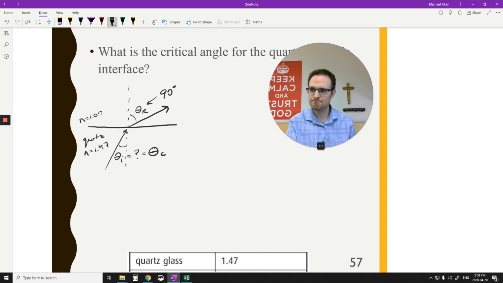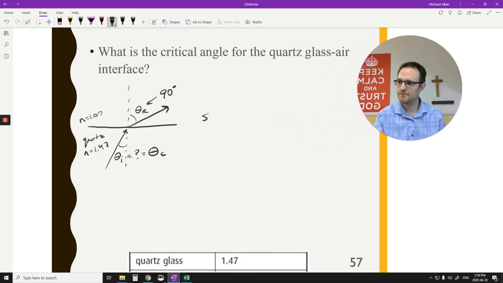So I'm going to go, let's move my head out of the way here. Sine, and we're going to label the two sides here. It doesn't matter which one you label which. Let's just call the bottom 2 like we usually do, and the top 1. So I'm looking for sine theta 2 when sine theta 1 is 90 degrees. Look at N2 on the bottom, 1.47.